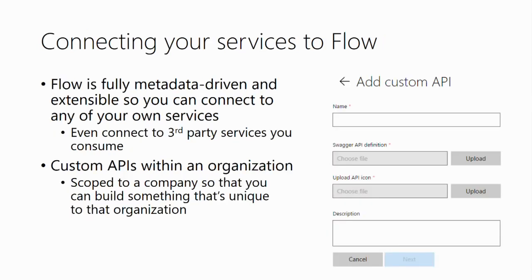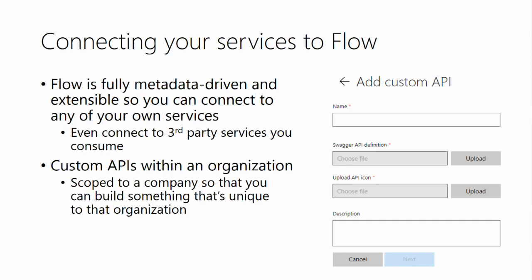Next, this extensibility that I was talking about. If you have your own services, your own APIs that you would like to connect to, you can do that using what we call the custom API feature. You bring in the endpoint of your API, how to authenticate against that API, and the inputs and outputs for the operations in the API, then you can get the same experience that we have for all the built-in actions inside of Flow, but with your own services.